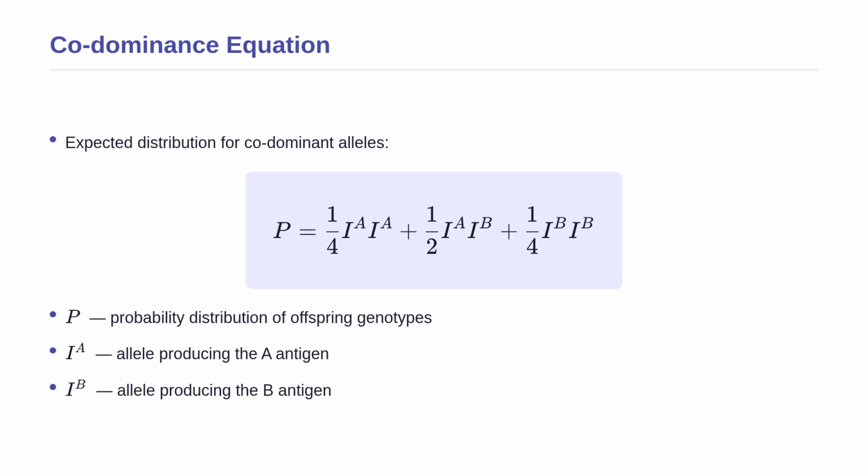The symbol I superscript A represents the allele that produces the A antigen on red blood cells, while I superscript B represents the allele that produces the B antigen. Because both are codominant, the middle term represents individuals who have both A and B antigens perfectly expressed, giving them the unique AB blood type.